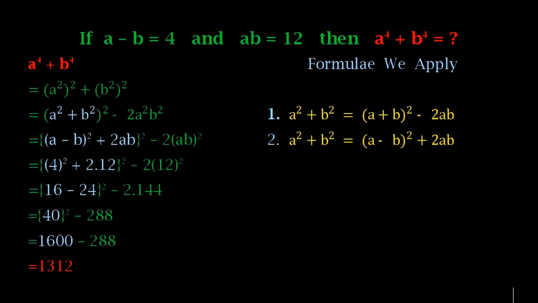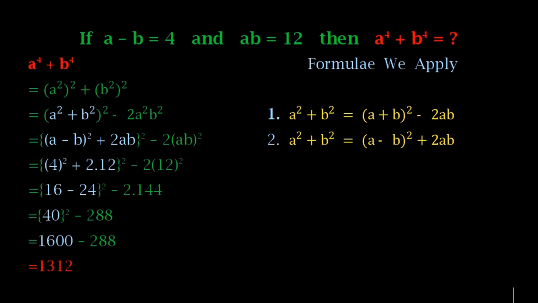For a square plus b square, we take the next step based on the given values. Where the index is 2, we have a look at the given value. The given value is a minus b is equal to 4. If we apply the first formula here, a plus b is unknown to us.